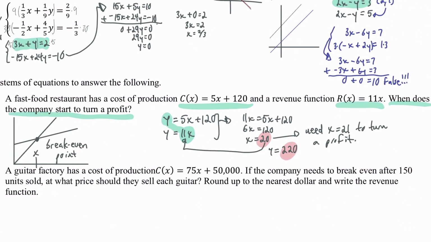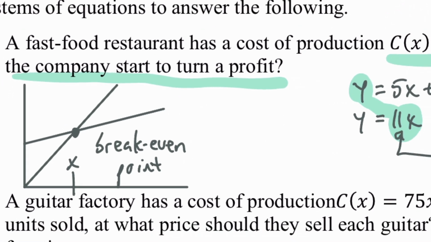Whenever you are looking for a break-even point and your functions are linear, or if you're thinking about supply and demand curves, where you're looking for the equilibrium quantity in microeconomics, anytime you are looking for two linear functions to be equal, you're looking for an intersection of two straight lines, two linear graphs. That's like this break-even point.